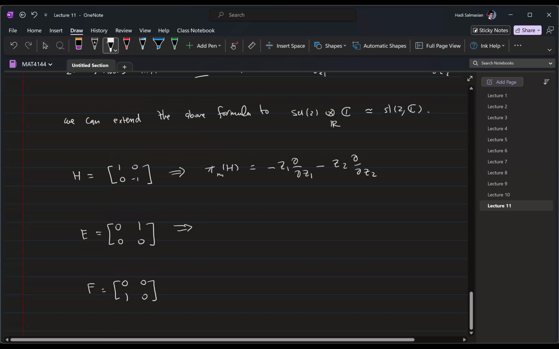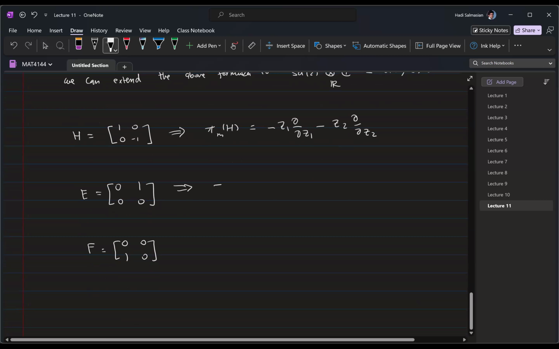And for E, it will be this operator, so pi m x is minus z2 d/dz1, and maybe I should write E here, sorry. Pi m f is minus z1 d/dz2.